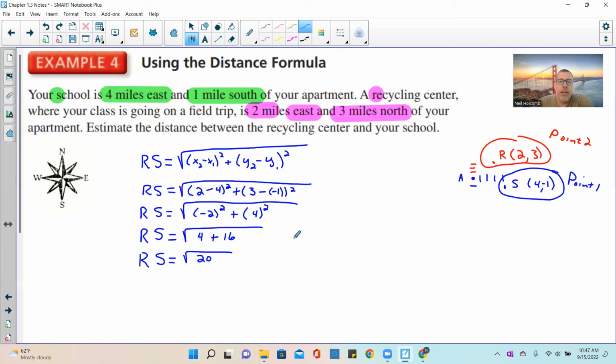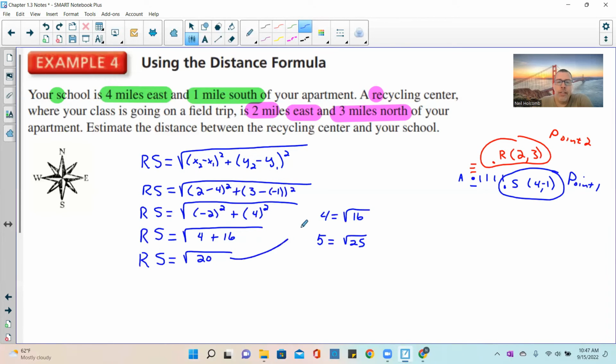All right, so let's approximate that. If we're talking perfect squares, the perfect square closest to 20 but less is 16. 4 is the square root of 16, and 5 is the square root of 25.